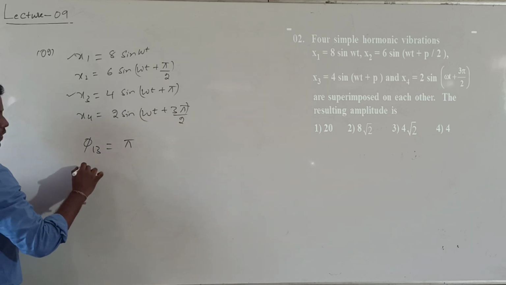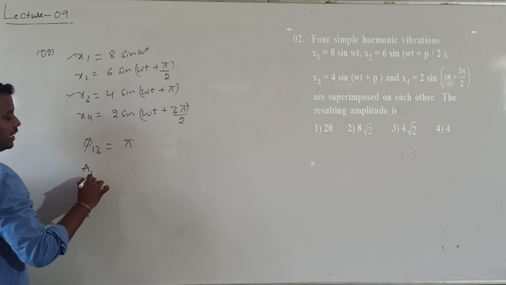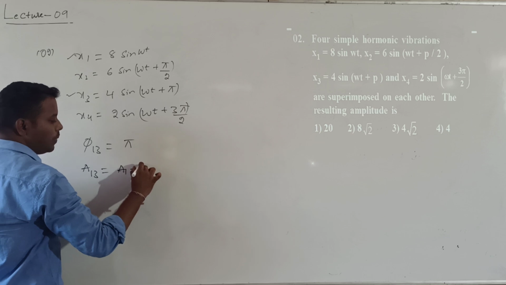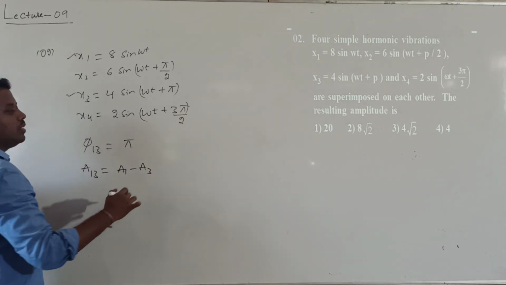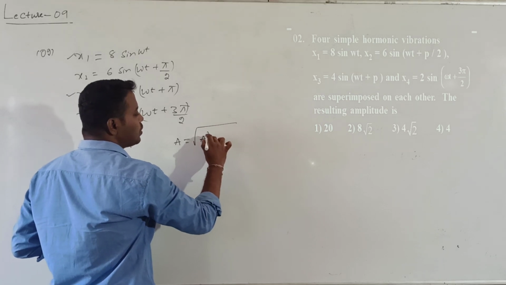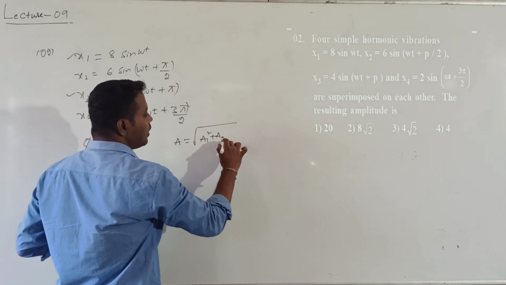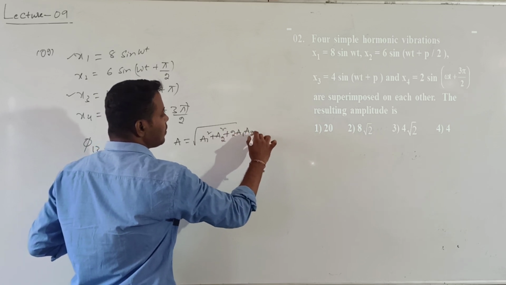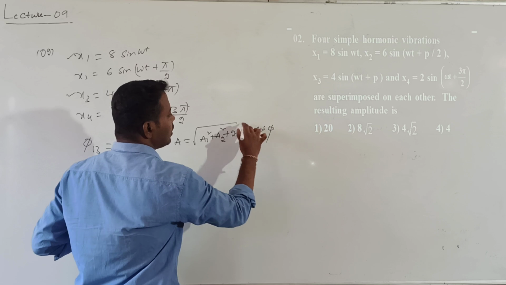180. When the phase difference is 180, the resultant of first and third, given by A13, is equal to A1 minus A3. Why? Because what is the resultant amplitude formula? Root over A1 square plus A2 square plus 2 A1 A2 cos phi.